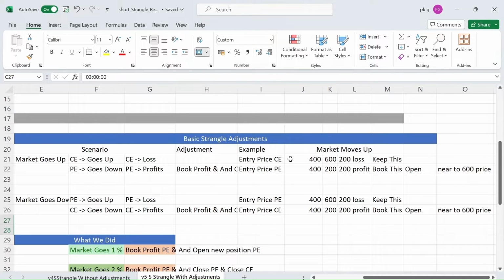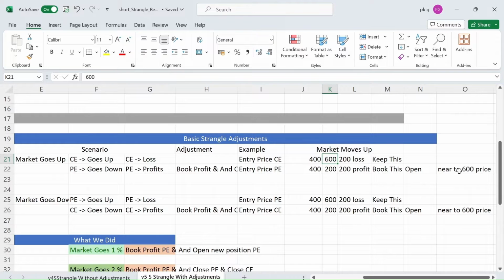So let's say we have sold C and P at 400 and 400 each, and when the market goes up, let's say our C option price became 600 and our P option price became 200. So here we will make 200 loss and here we will make 200 profit. We will book this profit and we will open another PE position at a strike whose price is near to our CE price, that is 600.